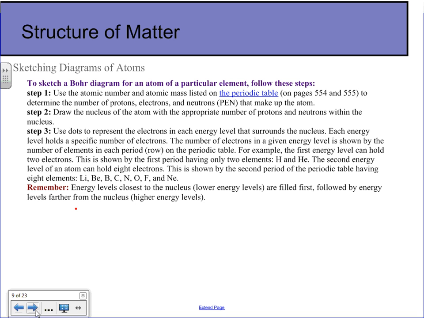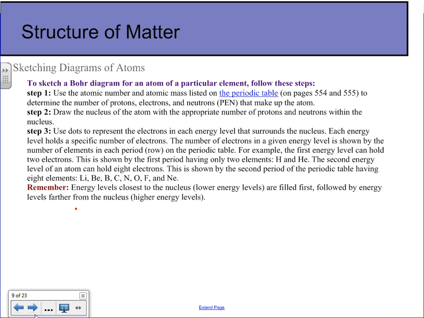The number of electrons in a given energy level is shown by the number of elements in each period, or row, on the periodic table. For example, the first energy level can hold 2 electrons. This is shown by the first period having only 2 elements, hydrogen and helium. The second energy level of an atom can hold 8 electrons.